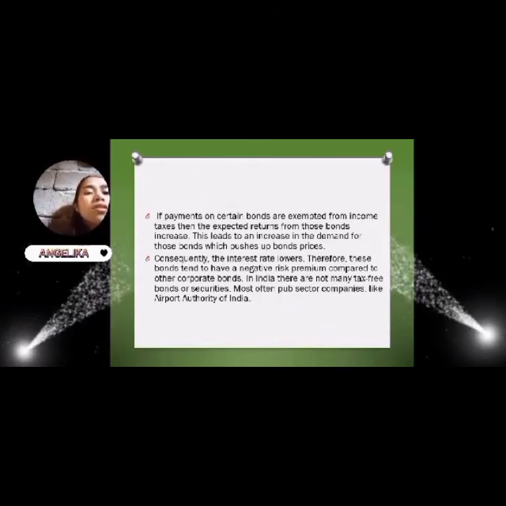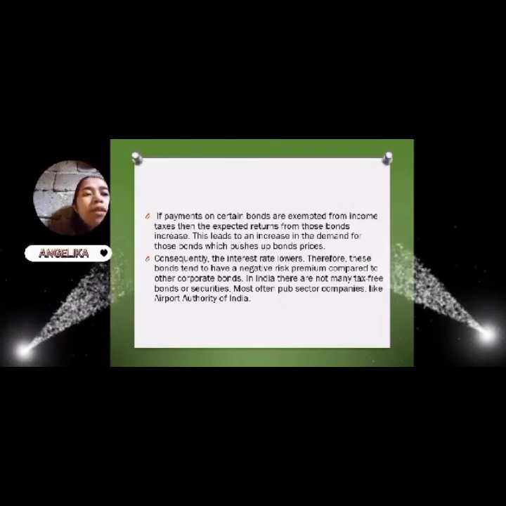This leads to an increase in the demand for those bonds, which pushes up bond prices. Consequently, the interest rate lowers. Therefore, these bonds tend to have a negative risk premium compared to other corporate bonds. In India, there are many tax-free bonds or securities, most often from public sector companies like the Airport Authority of India.